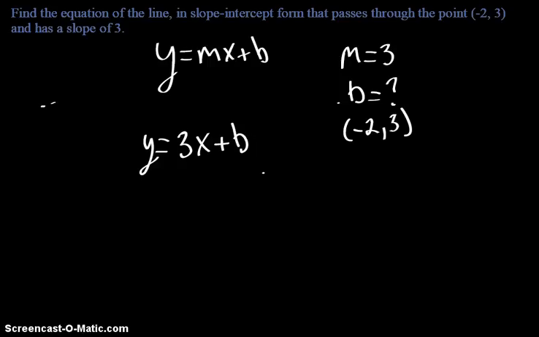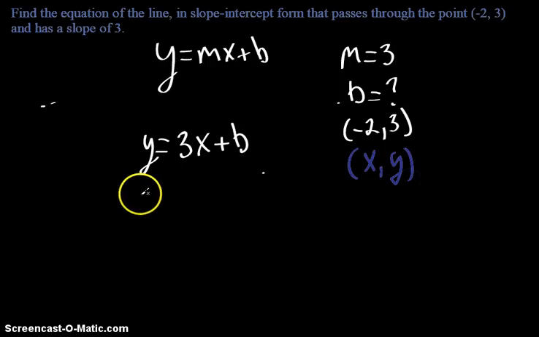The next step, I'm going to plug in my point. So I know that, remember, this here is my x value, this here is my y value. That's my ordered pair. So I'm going to plug that into the equation.